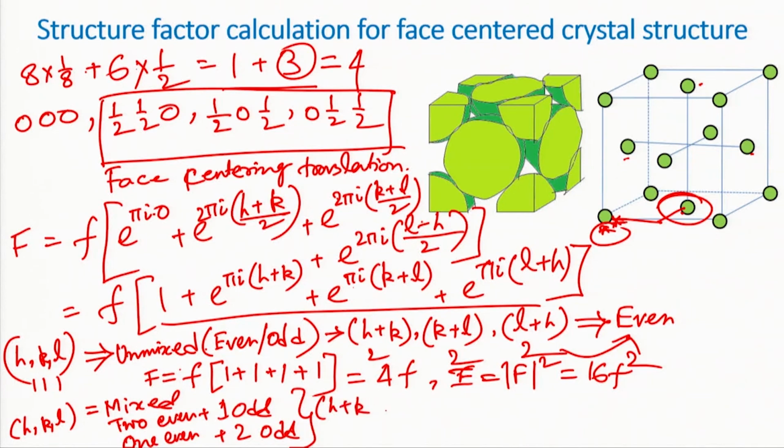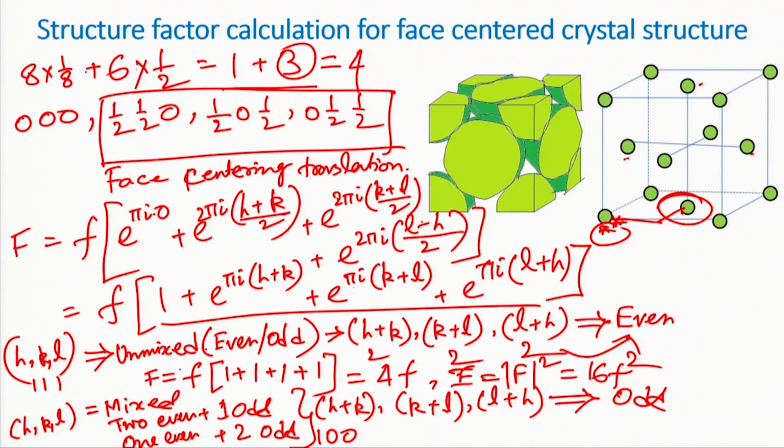H plus K, K plus L and L plus H, all of them will be odd, whatever you take. So, if I take, let us say, this example, if I take HKL, what can I take? 100 maybe, yeah, because 1 is odd, 0 0 even.